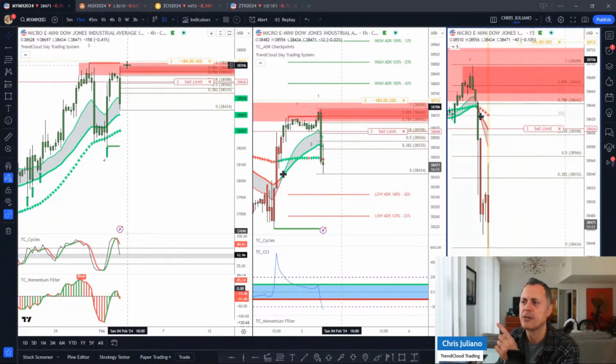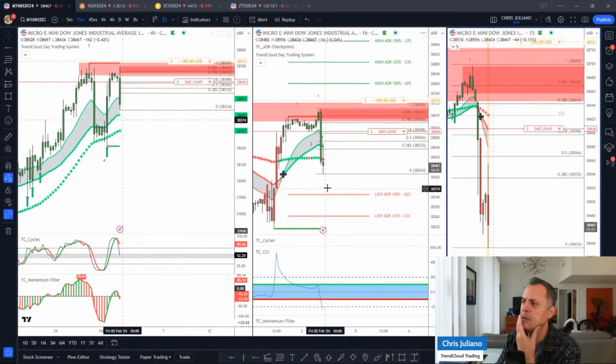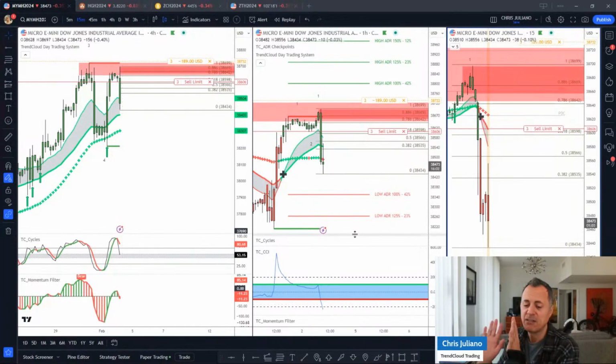And we're starting to break below the trend to the downside. We're trying to make that full trend reversal on the 1-hour, and now we're breaking below negative 100. So we've got a lot of information to the downside.